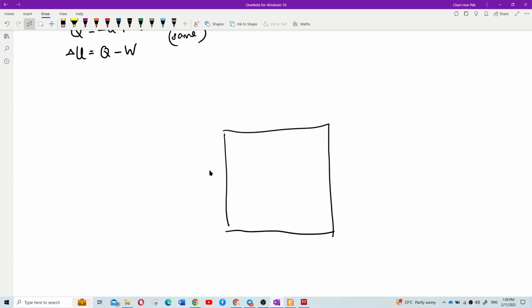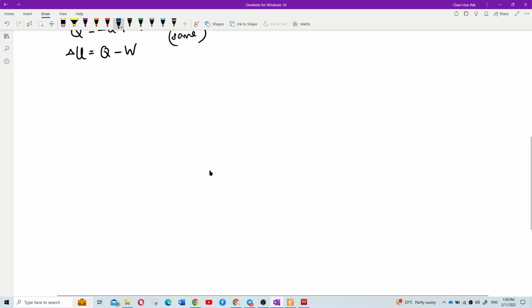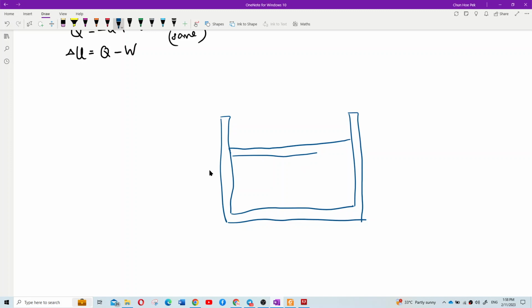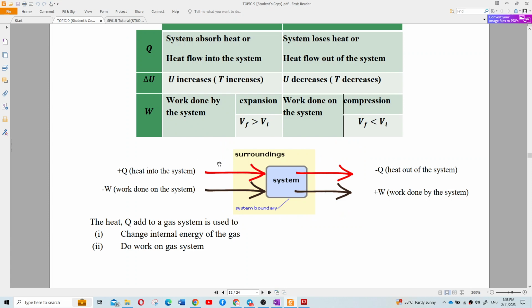Maybe I just put a container this time, a simple container with the ability to expand and contract. Okay. So class.